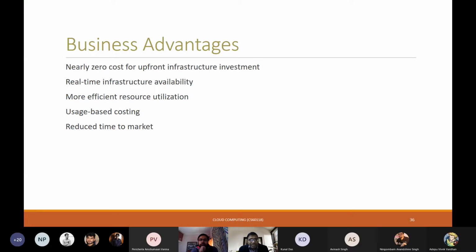So you cut down on the cost and reduce the time to market for the product being developed in your business. So these are some of the different business advantages of cloud computing.